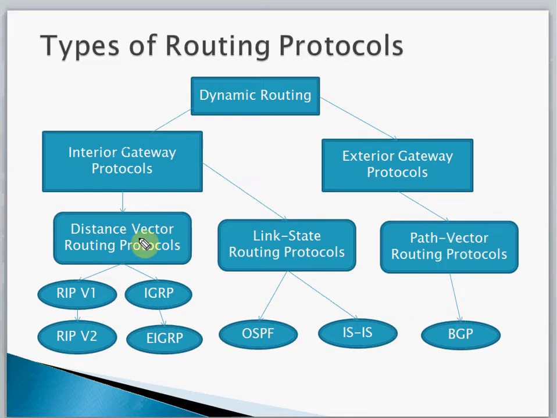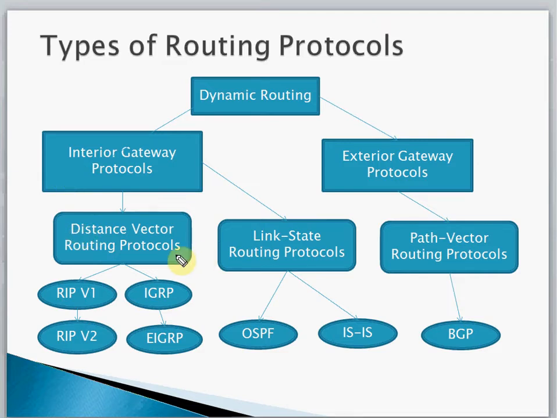So I will give you an introduction to the interior gateway protocol and the exterior gateway protocol. Let me tell you about this one first, then we will move to the exterior gateway protocol. IGP is nothing but the interior gateway protocol.